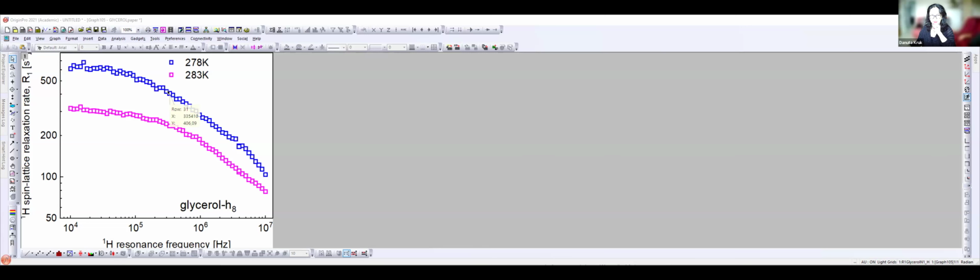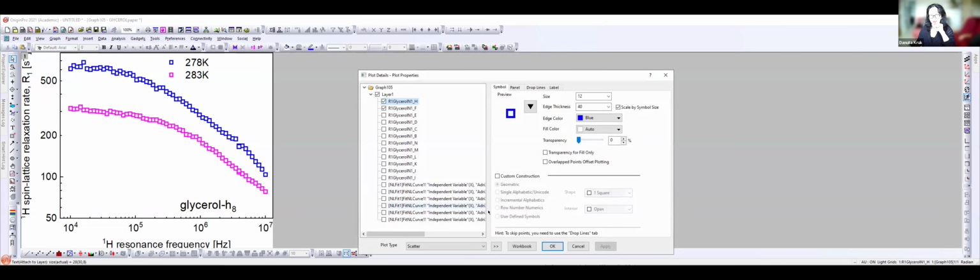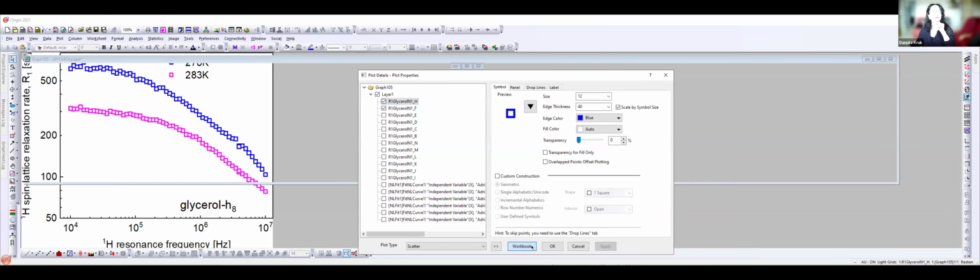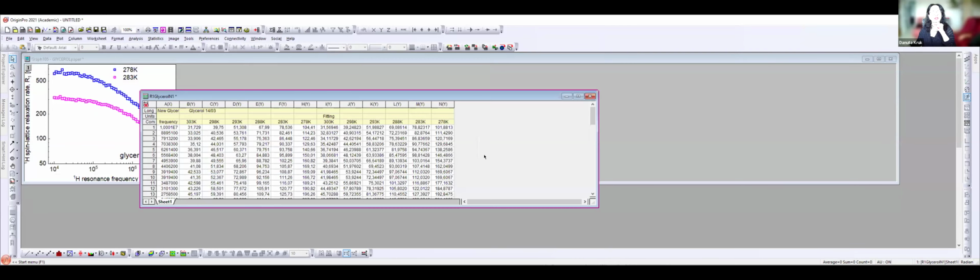Okay, let me go to this workbook. As you can see, I have here a lot of data, so I have to find the right one.